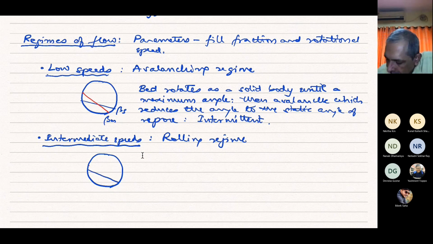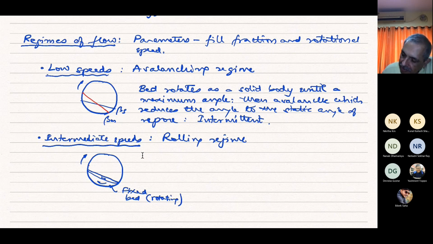So this is rotating continuously with omega. Here also it's rotating, and you will get a flowing layer on the surface, and over here this is a fixed bed. This is of course a rotating fixed bed. So the particles are all fixed relative to each other, but they turn.